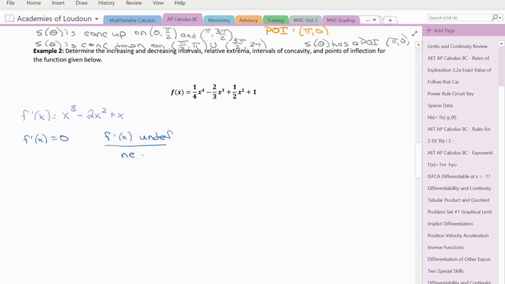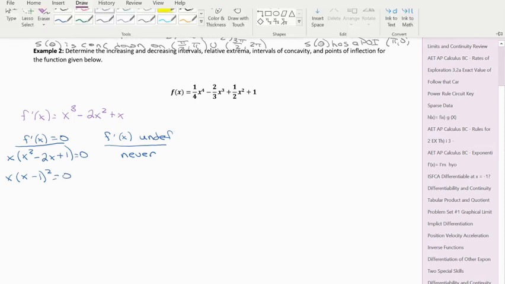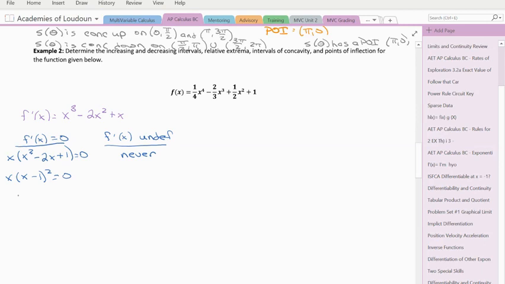We know this never happens because it's a polynomial, and we have to factor this, which means we have x times x minus 1 quantity squared is equal to 0, which means we have critical numbers of x equals 0 and x equals 1. And from there, I will let you finish to find the increasing and decreasing.